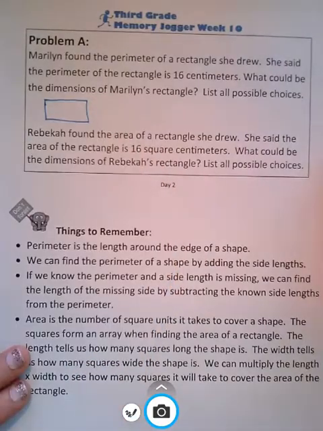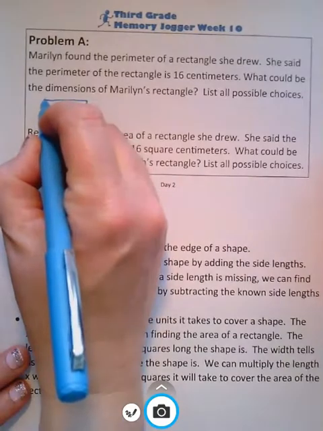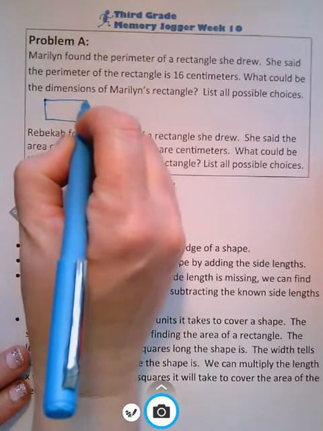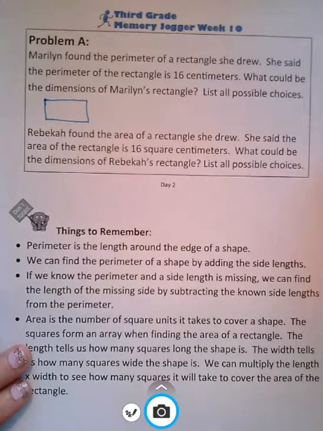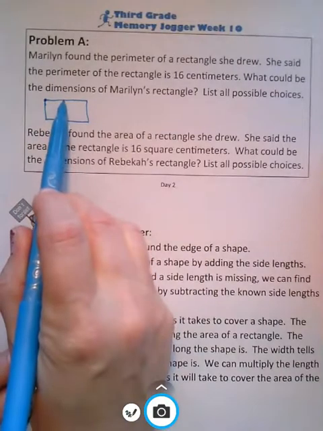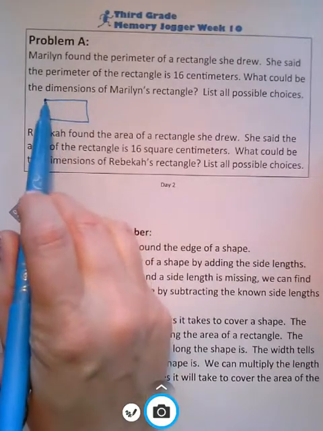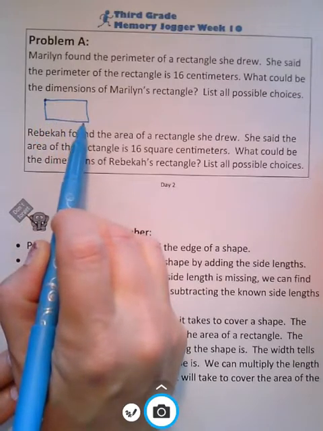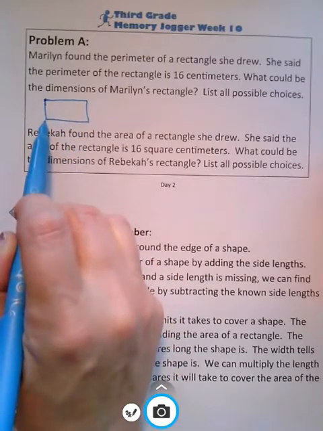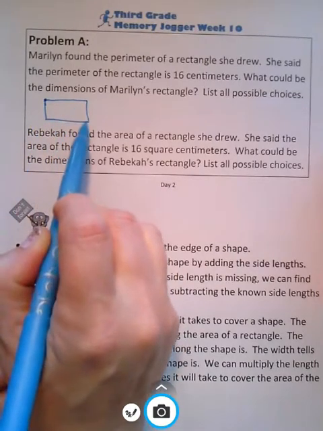So we know that Marilyn found the perimeter of a rectangle she drew. She said the perimeter is 16 centimeters, which would mean if she started at one point and went down all four sides, that would equal 16. Now what we know about a rectangle is the opposite sides are the same length. So this side is congruent, or the same length, as that side, and this side is congruent, or the same length, as this side.